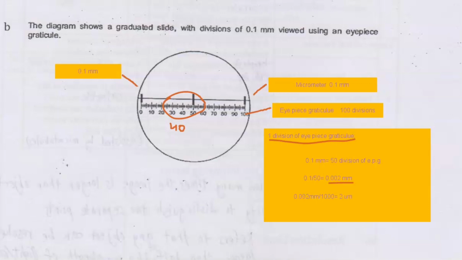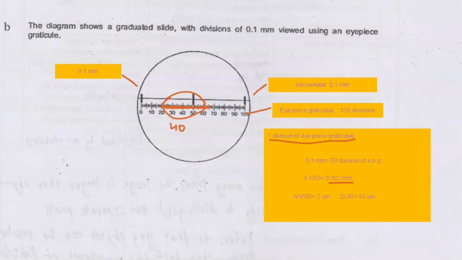Then we multiply it by 40. It will be 80 micrometers. So it is the maximum width of the cell, from 21 to 61, which is 80 micrometers.